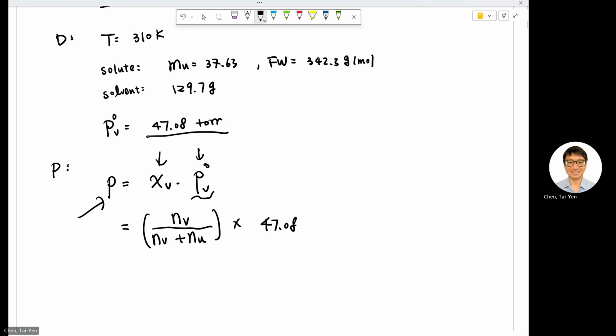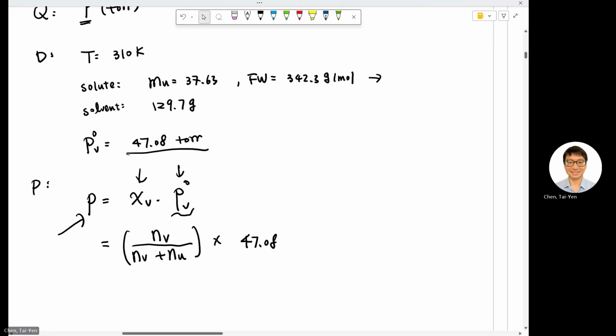Now we come back to this. Can we calculate the moles of my solvent and the moles of my solute? This is an exercise that you need to know, so I will just do it here. The moles of your solute equal 37.63 divided by 342.3, which gives you 0.11.